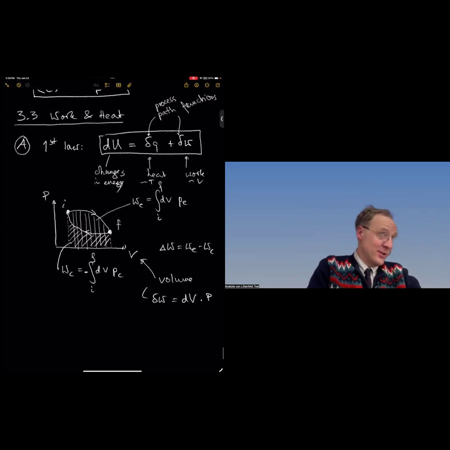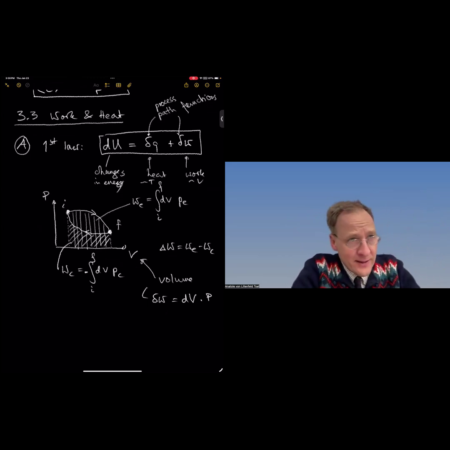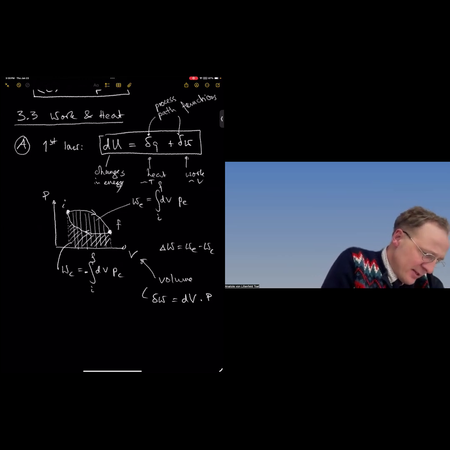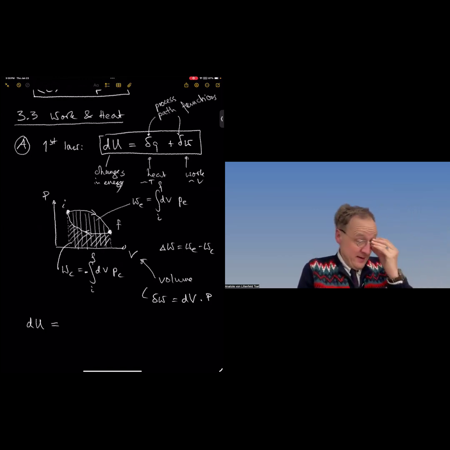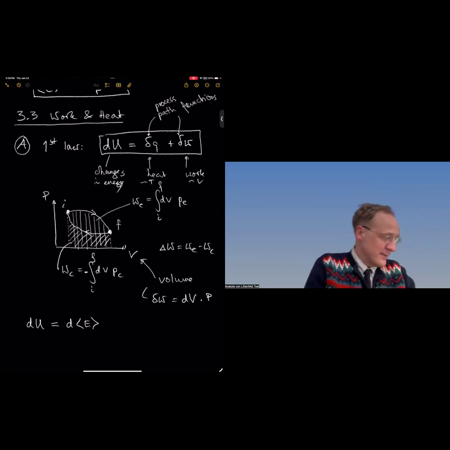But let's now try to make use of our newly developed understanding in terms of Boltzmann probabilities and partition functions. So let's look at dU, and we can now insert our statistical mechanical average.